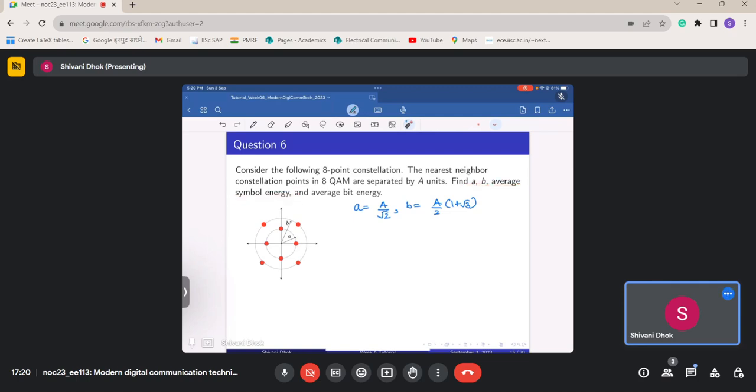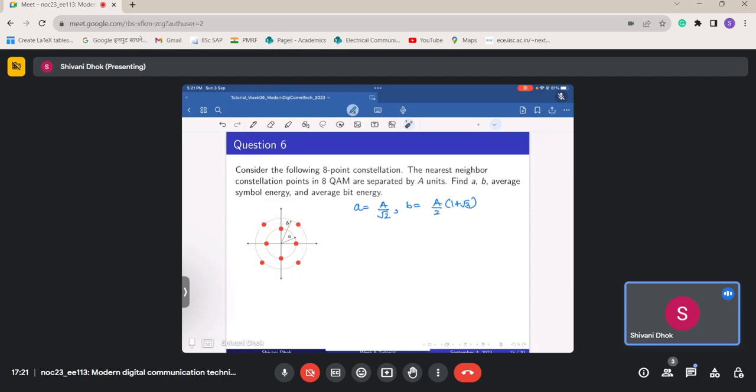symbol energy. So this average symbol energy will be the energy of this plus this plus this plus this, plus the energy of this plus this plus this plus this, whole divided by 8. Now observe, this is one PSK and this is another PSK.